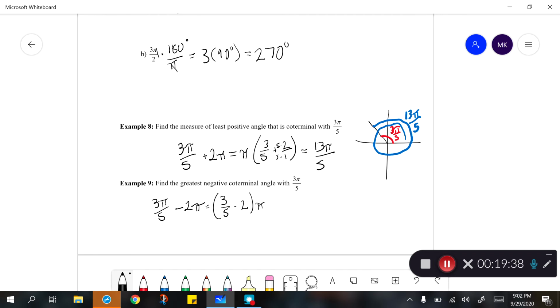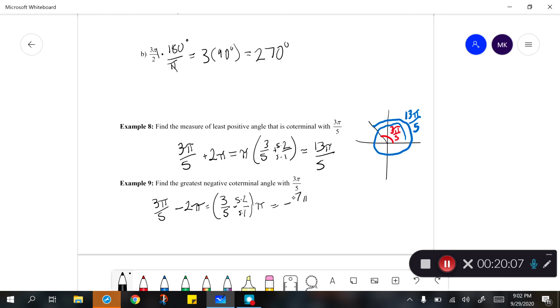Again, it's 2 over 1, we multiply by 5, so now I have 3/5 minus 10/5. So that becomes negative 7/5 pi, or negative 7 pi over 5. And that's the way I'm going to write this because that's how I want you to write it.